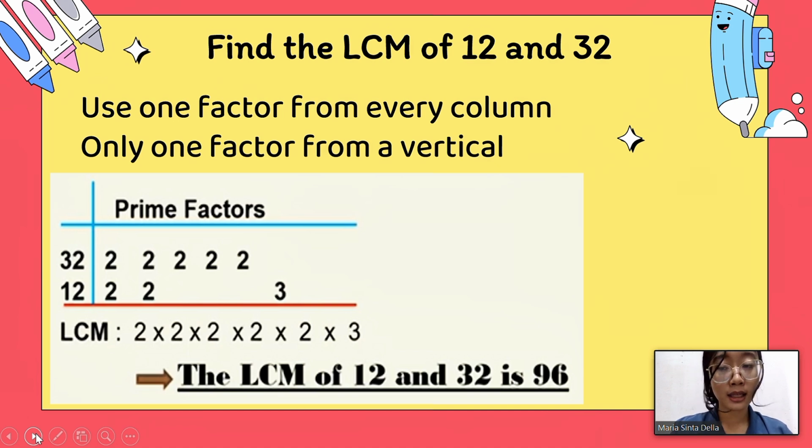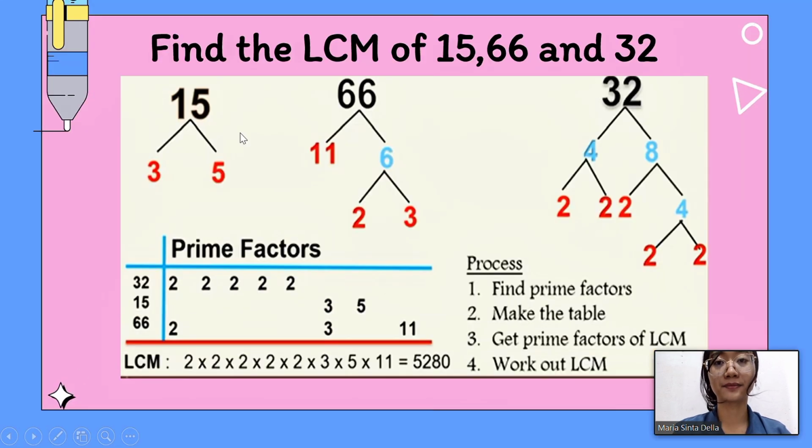Work it out. 2 times 2 is 4, times 2 is 8, times 2 is 16, times 2 is 32, and 32 times 3 is 96. So the LCM of 12 and 32 is 96. Okay, next.